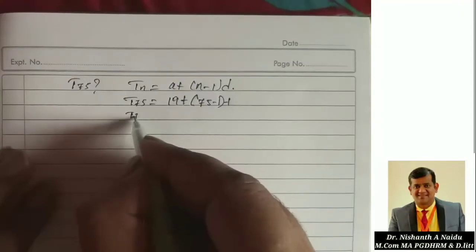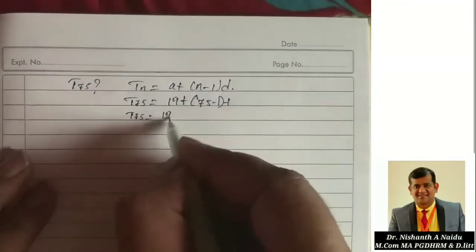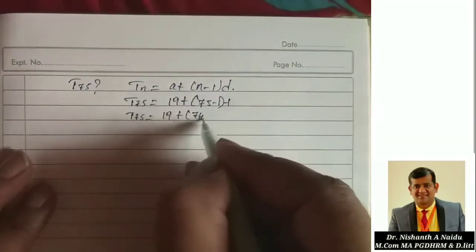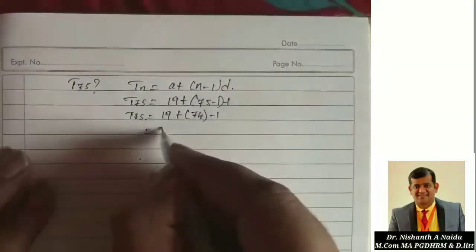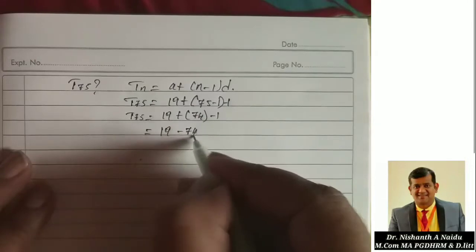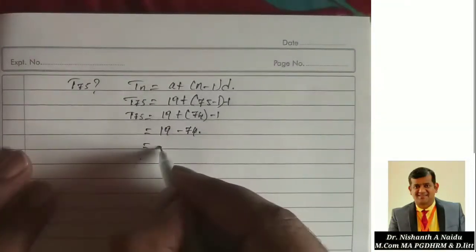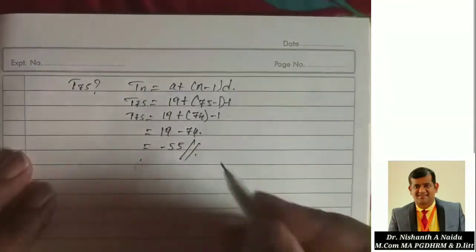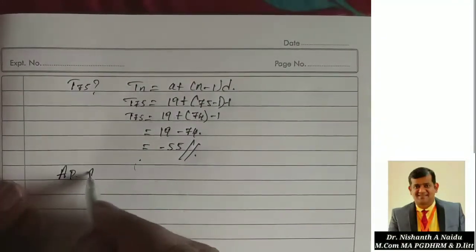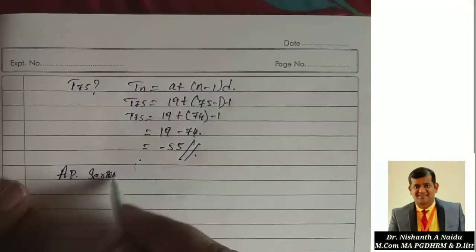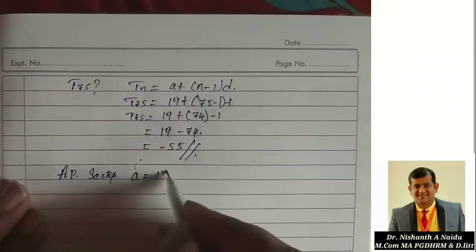Now simplify. T75 equals 19 plus 74 into minus 1, so that is minus 74. That equals 19 minus 74, which is minus 55. Answer is minus 55.